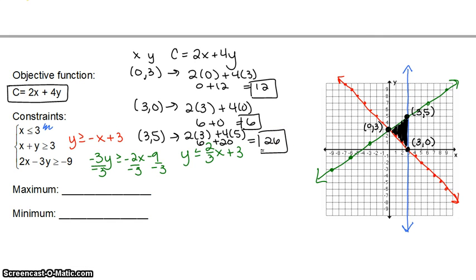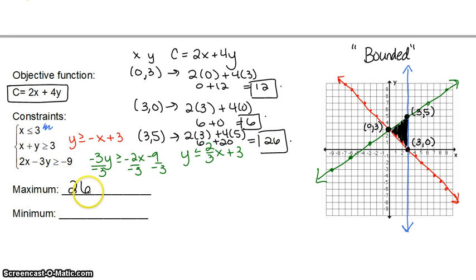In this case, we have a bounded region, which means it's enclosed in all directions. It's not going to continue on forever. It's enclosed, which means we're going to have a min value and a max value. The way you find that is, we had 3 vertices, we look at our 3 points. We've got 12, 6, 26. The maximum value is the highest number.